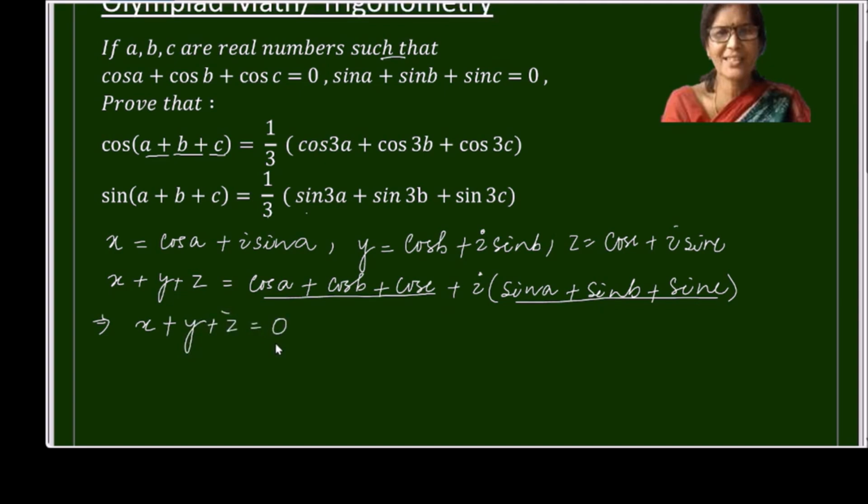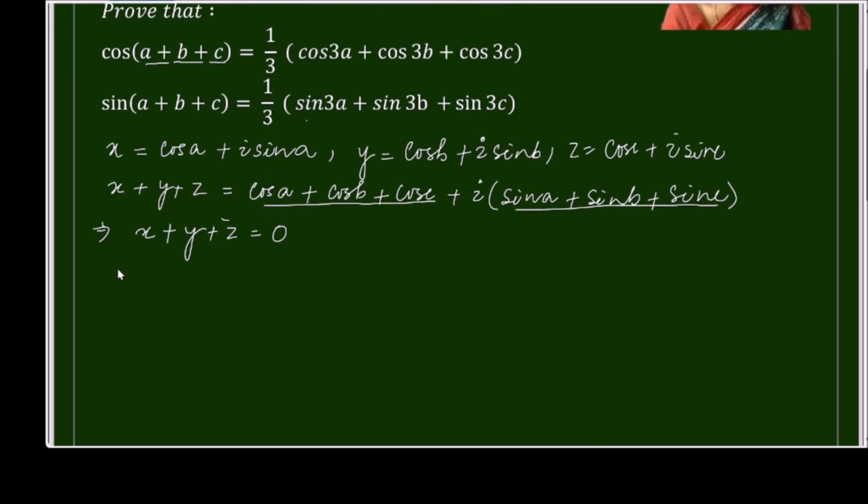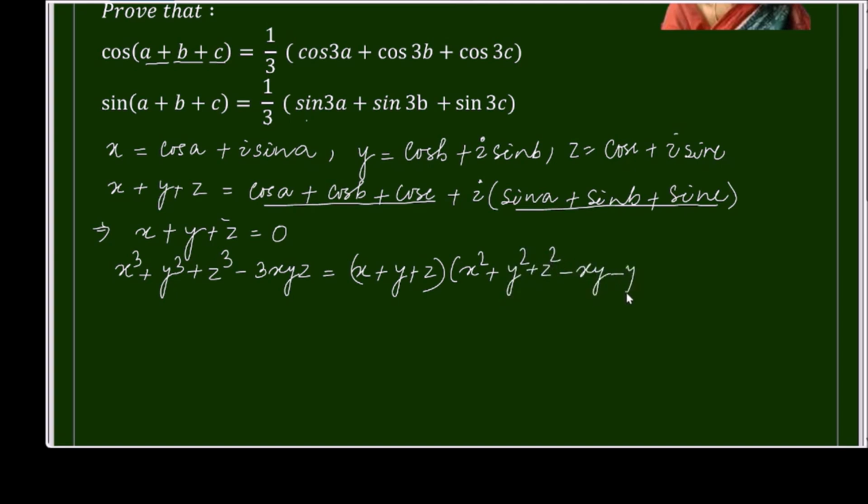Next, when x plus y plus z equals 0, taking the help of algebra, x cube plus y cube plus z cube minus 3xyz equals (x plus y plus z) multiplied by (x square plus y square plus z square minus xy minus yz minus zx).